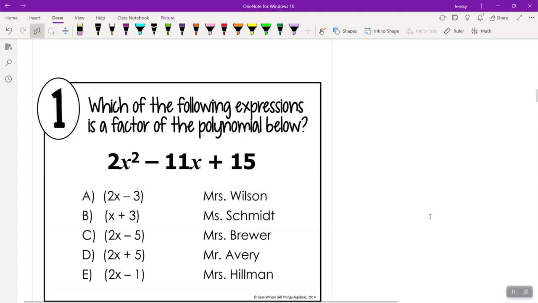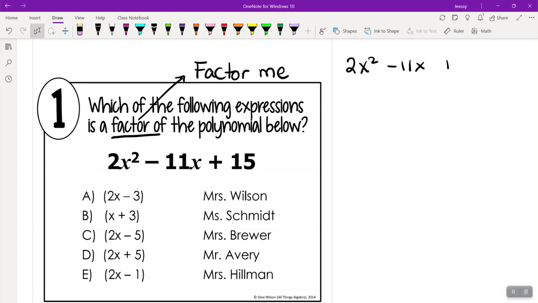All right, so we have this, and it says, which of the following expressions is a factor of the polynomial below? Factor, that's screaming, factor me. Okay? So it says 2x squared minus 11x plus 15. If you know or don't know, you can always just find out, is there a GCF besides 1 between these numbers?